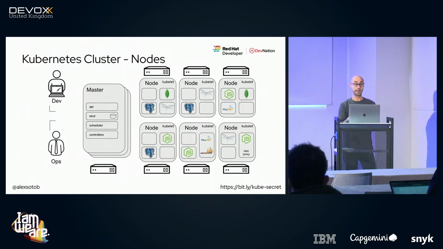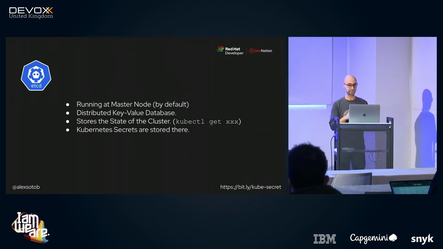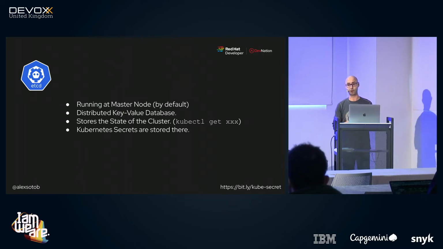Then it boots up, and of course, it injects some data inside. And of all this schema, what is really important is the etcd part, at least for us to understand how the secret works.